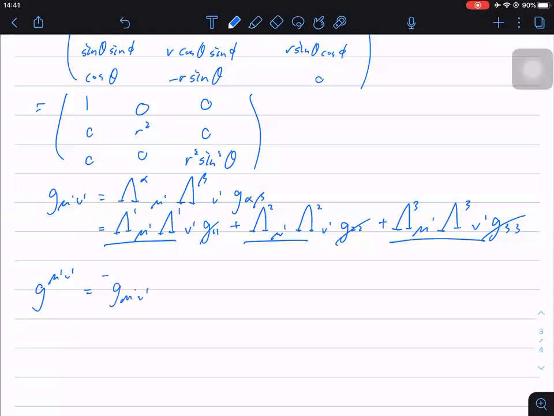You just have to take the matrix inverse, which is this term in our case. Not only for diagonal, but in our case, since the metric tensor is a diagonal matrix, we just have to take the inverse of the diagonal terms. But in general, that's the inverse.